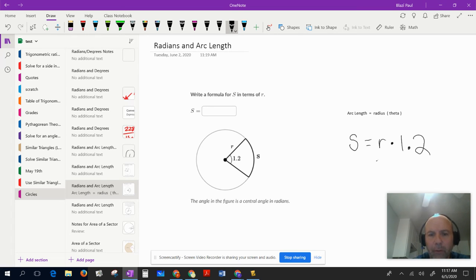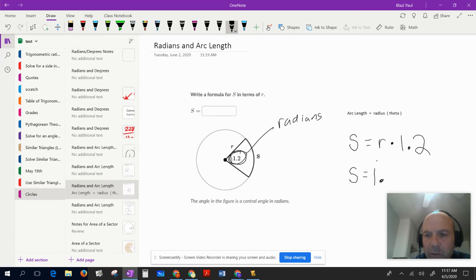That's not degrees, by the way. That doesn't look like 1.2 degrees, does it to you guys? So what we can recognize, this 1.2 right here, this is in radians, okay? It would have to be, because that's definitely bigger than 1.2 degrees. And besides, it doesn't have a degree symbol on it.